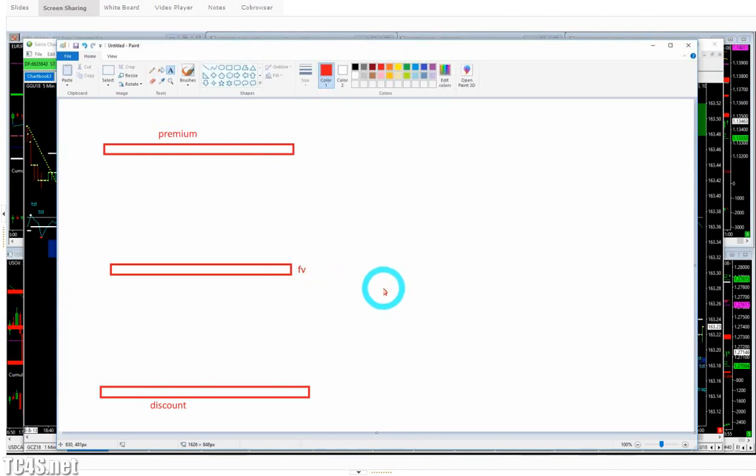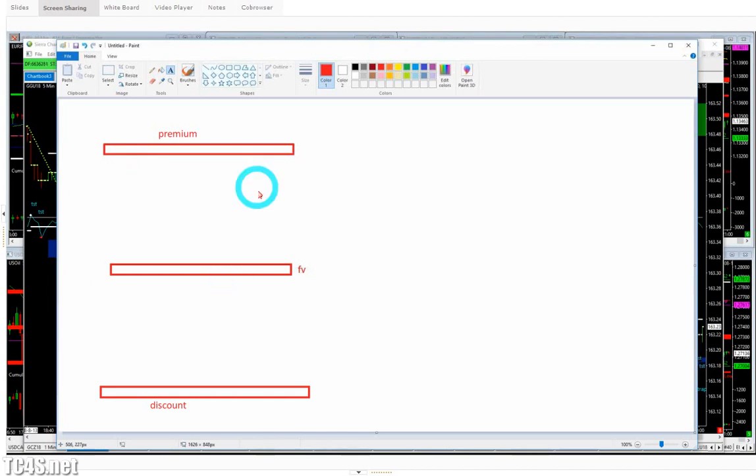That movement between fair value and relative value is very important to us, isn't it? So we've got to know where fair value is. In other words, those high volume nodes become very, very important to us as traders. If we don't know where fair value is, where that big volume accumulation takes place, how are we ever going to know where premium prices are?